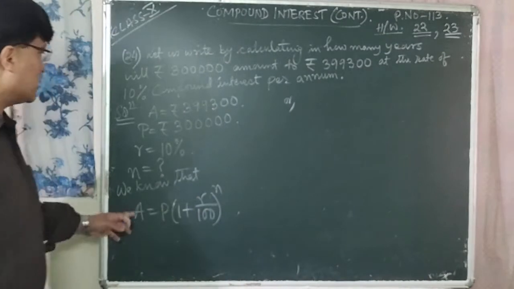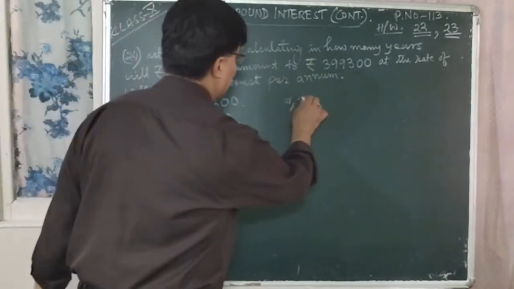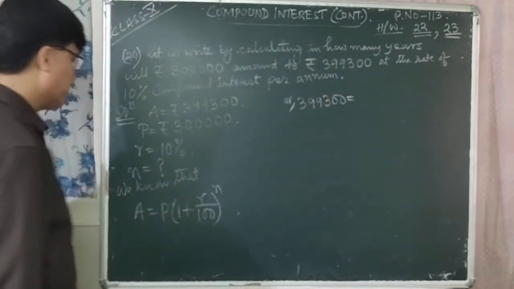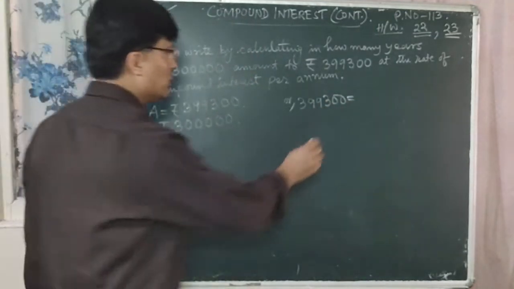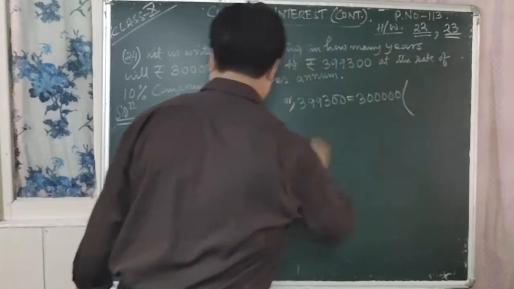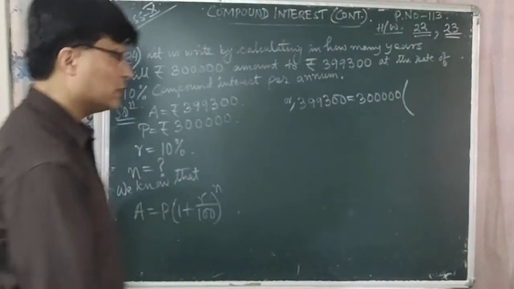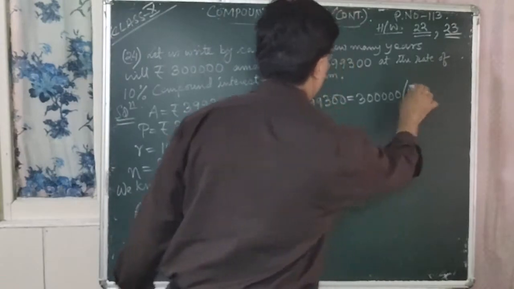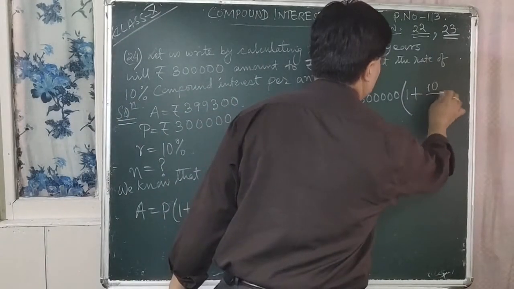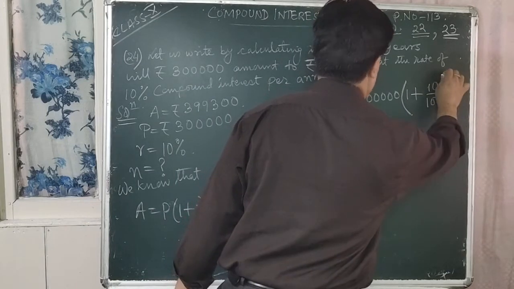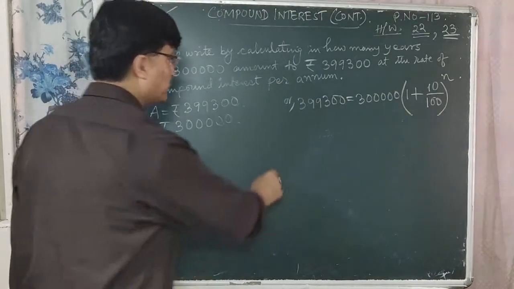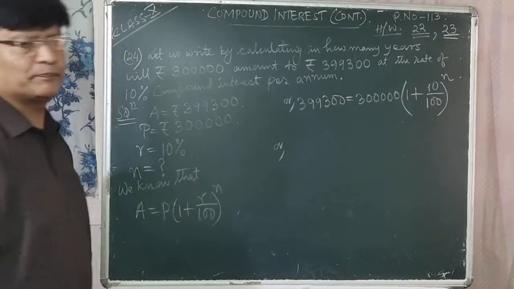What is the amount here? 3,99,300 is equal to, what is the principal? 3 and 5 zeros, that is 3 lakhs, and within bracket 1 plus what is R in this case? It is 10. 10 divided by 100 whole to the power n. Right? Now let us solve it.